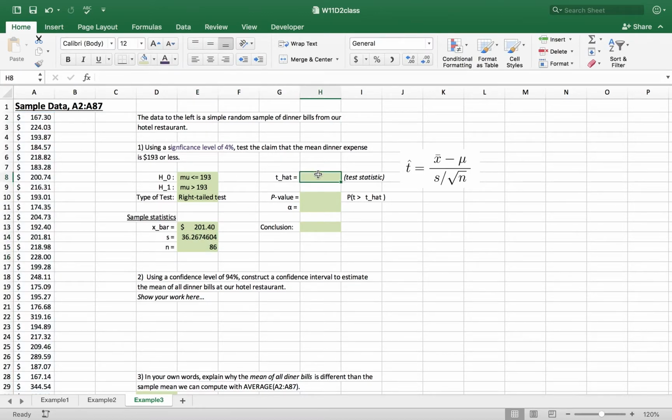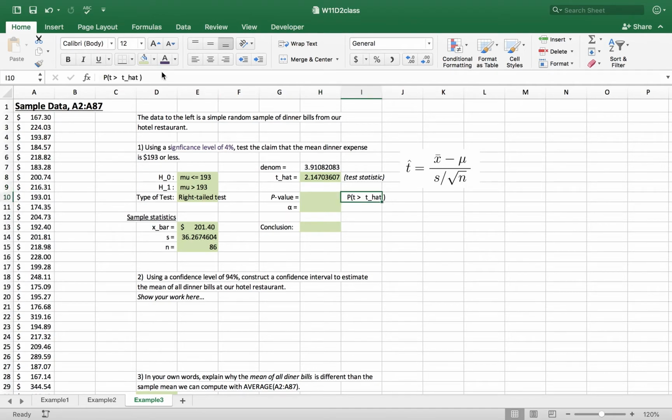All right. Computing my denominator first, again just breaking up the formula into simpler steps. I have a denominator, now I can look at the top. This is the difference between my x bar and my claimed mean, and then divide by that standard error, that denominator term. So we get a test statistic of 2.147.